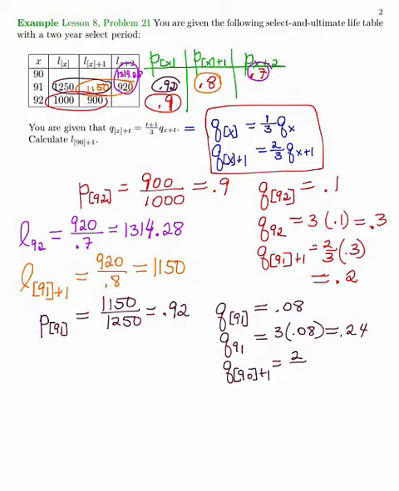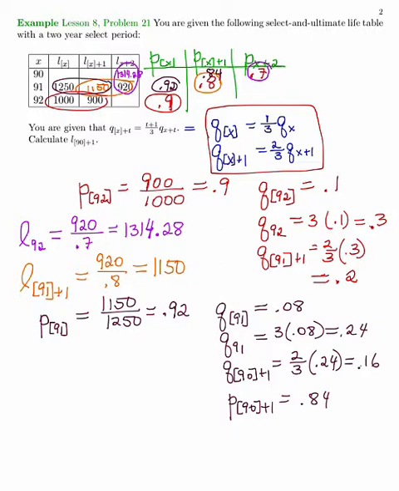That's 2/3 of Q91. So that is 0.16, and therefore P90 plus 1 is 1 minus 0.16, so 0.84. So I can put that on my table. That goes right here, 0.84.